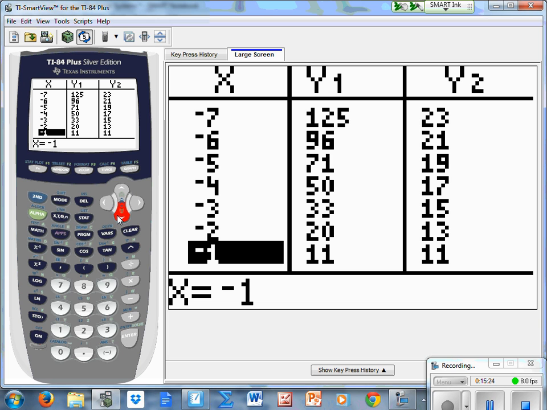So when we get to x equals -1, both y1 and y2, y1 was our quadratic function, y2 was our linear function, both those equal 11 at x equals -1. Okay, that's exactly what we're looking for, because the value of x equals -1 makes both of these true at the same point.